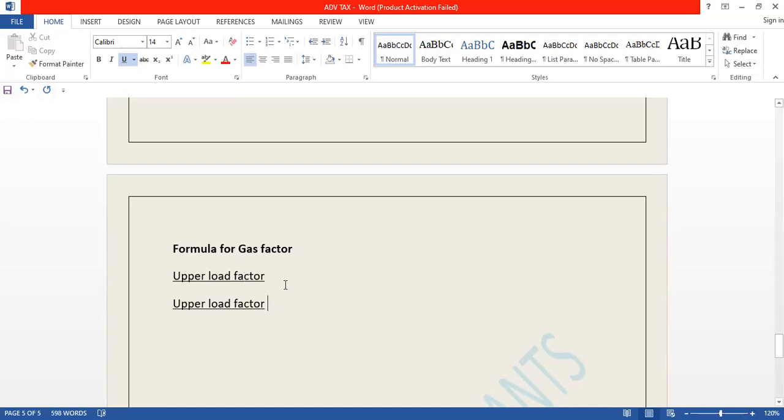Then we have minus the given factor. Then this also will be minus the lower factor.